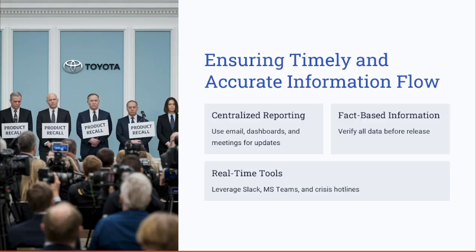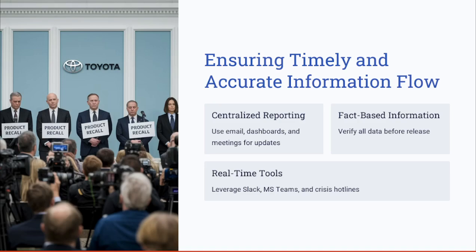The next strategy is to ensure timely and accurate information flow. Speed and accuracy in crisis communication can prevent escalation. Ensure you use centralized reporting channels like emails, dashboards, or meetings, whatever is needed to keep your stakeholders informed. Ensure information is fact-based and verified before release.